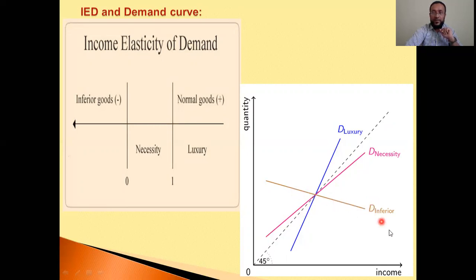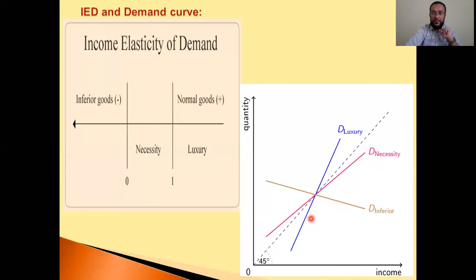Here we are showing the relationship between quantity demanded and income. This is our income, and this is quantity demanded. As income increases, demand for the inferior good will fall. That is why the demand curve for inferior goods is negatively sloped or downward sloping.